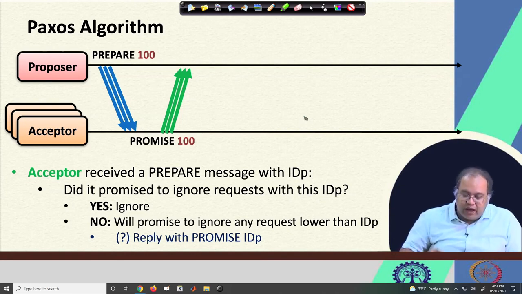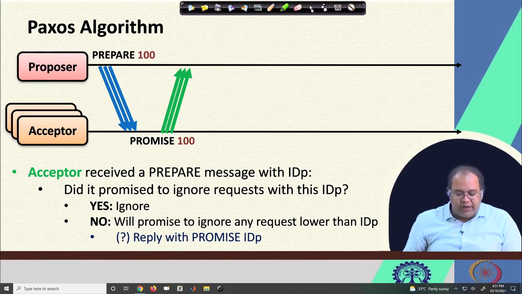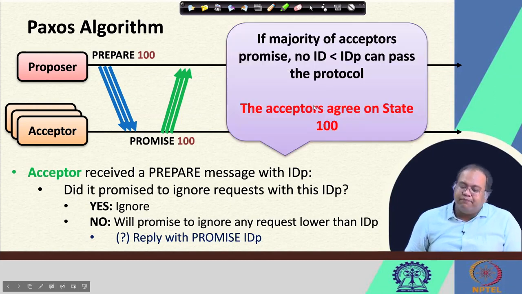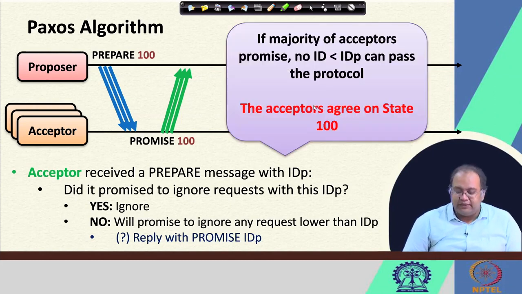Now, once you send that promise message, if a majority of the acceptors promise, then no ID less than 100 can pass the protocol.